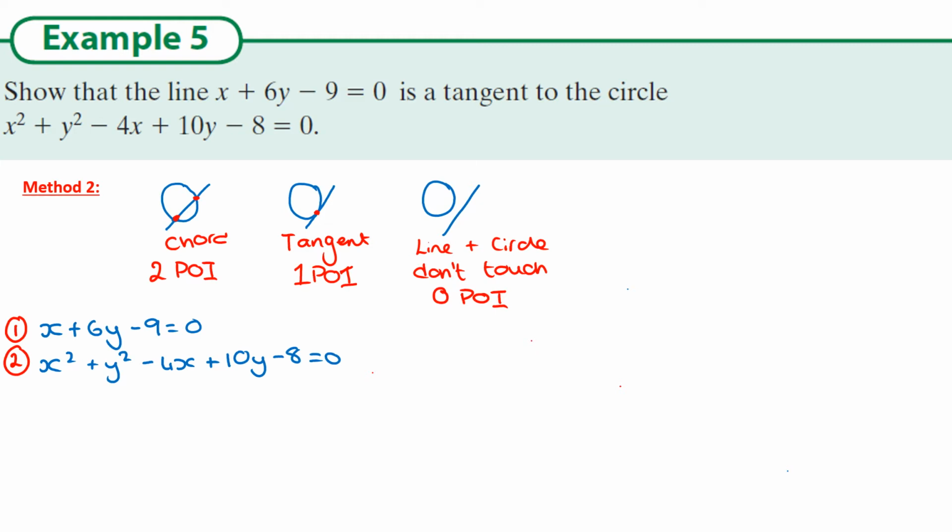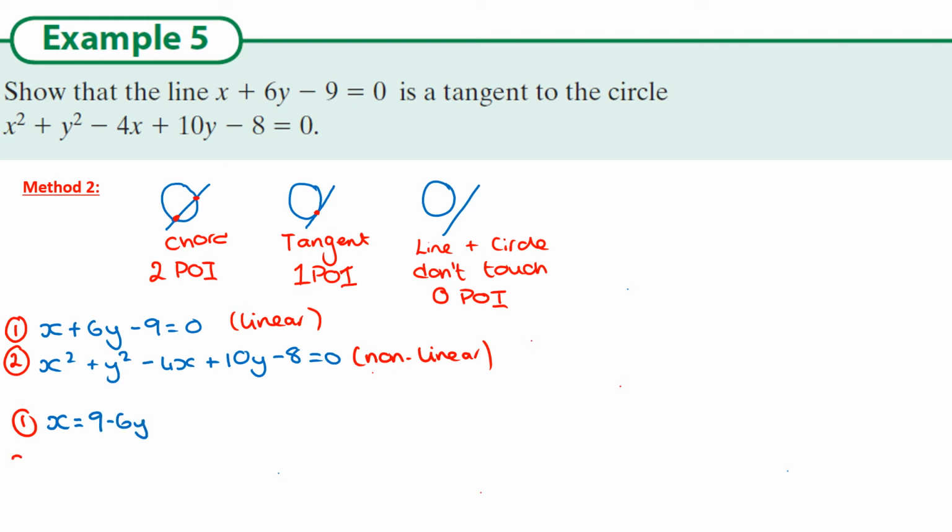So because I have a linear and a non-linear, we're going to work with the linear first, and we're going to isolate a term. So we get x equals 9 minus 6y.